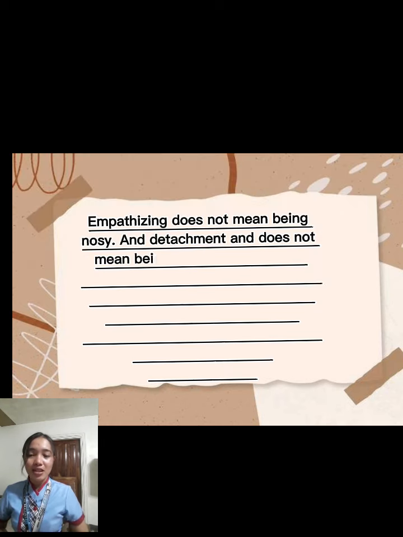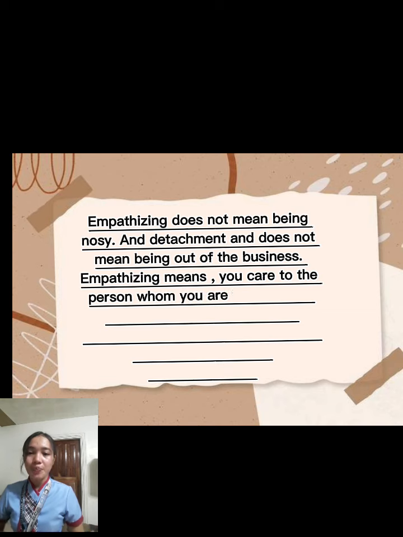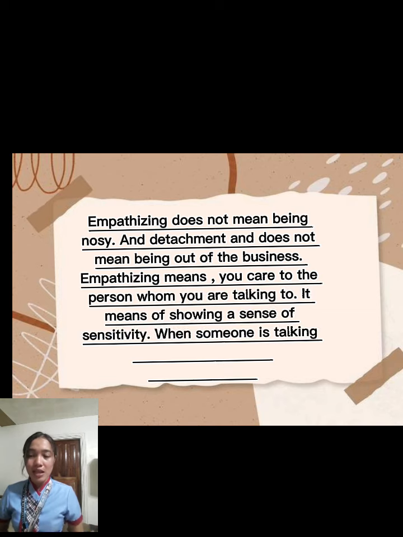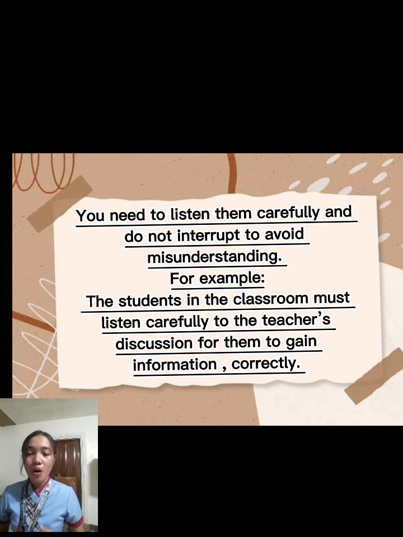The second strategy is empathize rather than remain detached. Empathizing does not mean being nosy, and detachment does not mean staying out of the business. Empathizing means you care for the person whom you are talking to. It means showing a sense of sensitivity. When someone is talking to you, you need to listen carefully and not interrupt, to avoid misunderstanding.